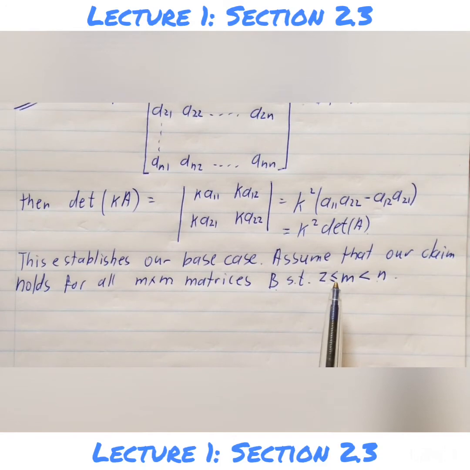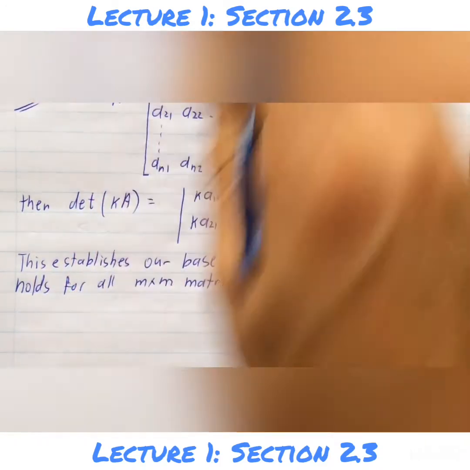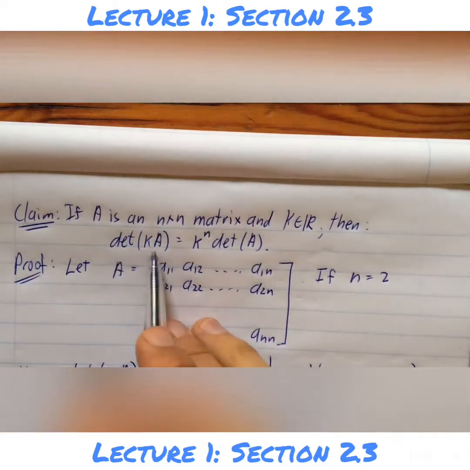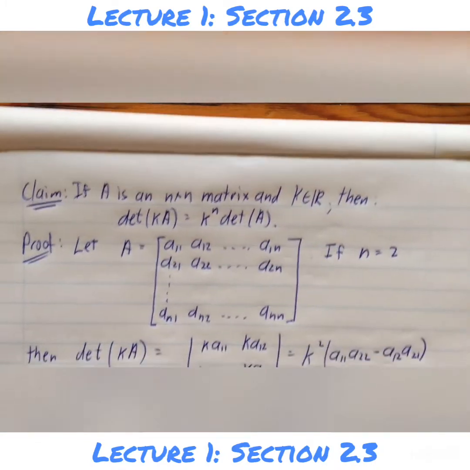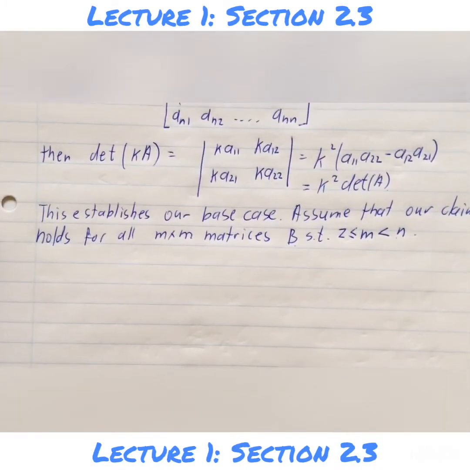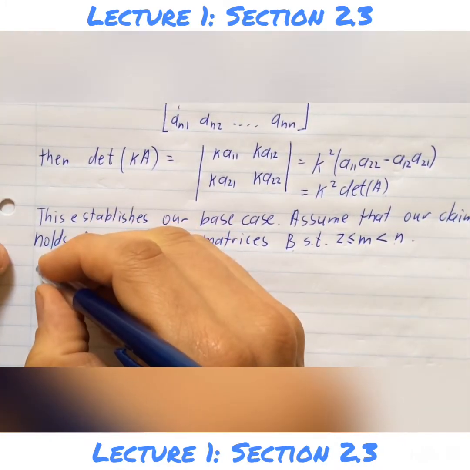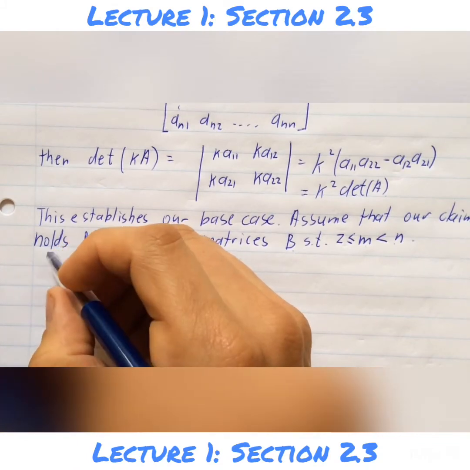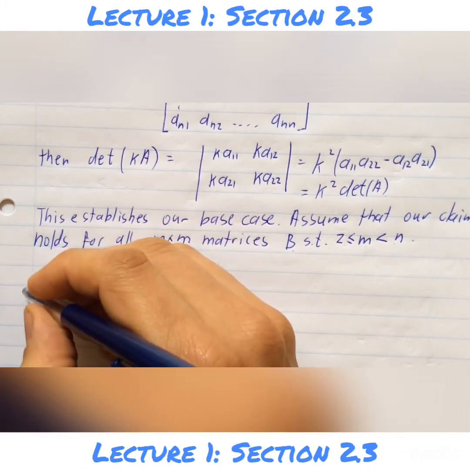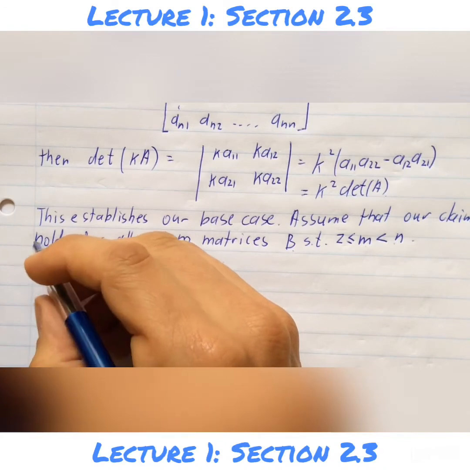Now what's the determinant of the scalar multiple of A? We can use the cofactor expansion. To recall, go back to your notes and look at the definition of the cofactor expansion.